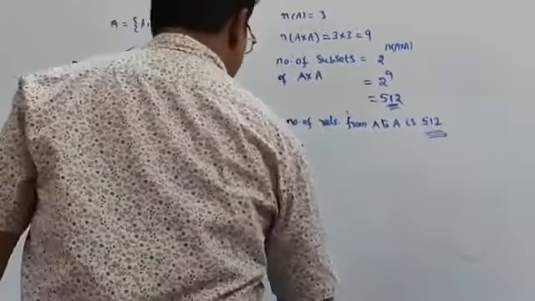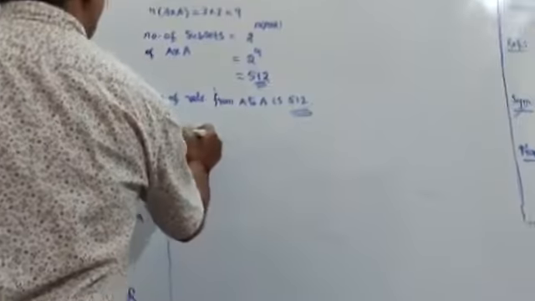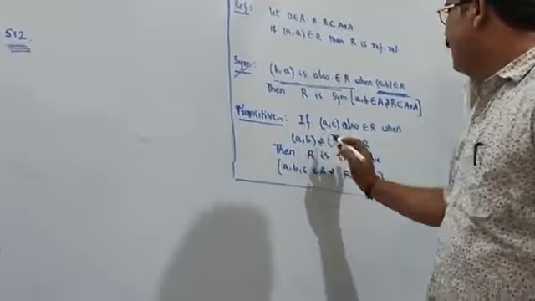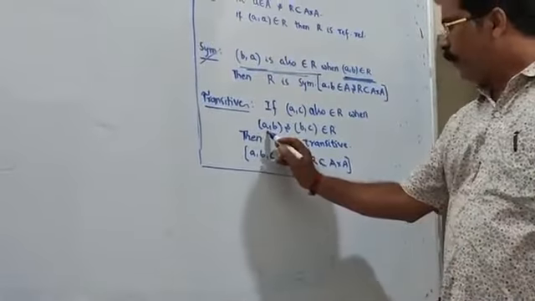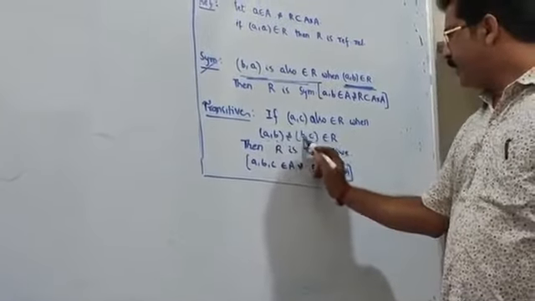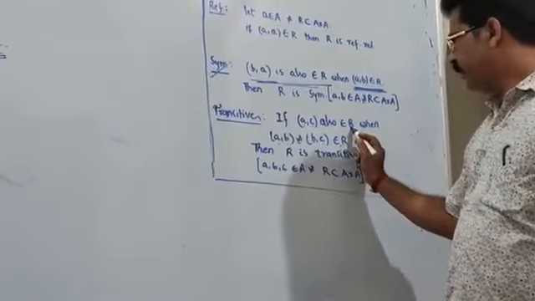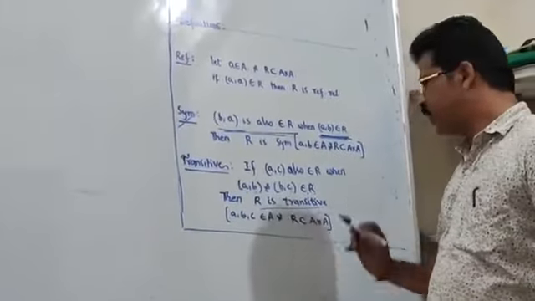Next, transitive. Next, number 3. Transitive: if (a,b) and (b,c) belong to capital R, then (a,c) also belongs to capital R, then R is transitive.